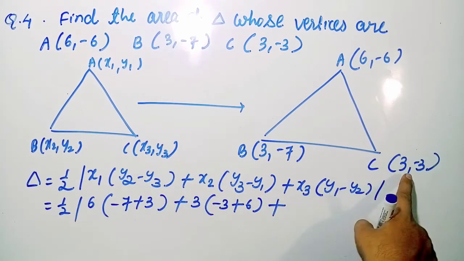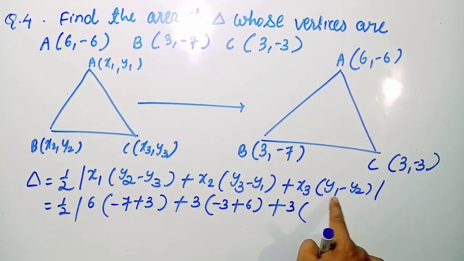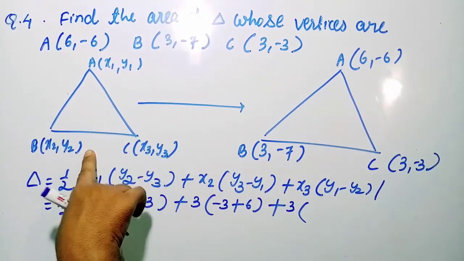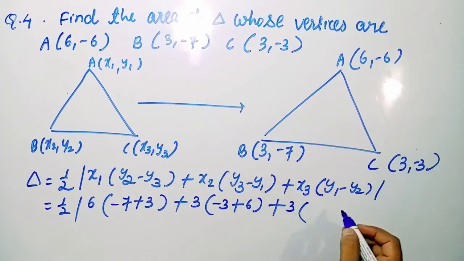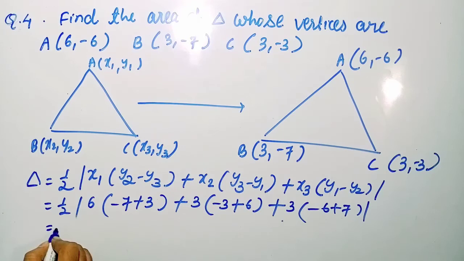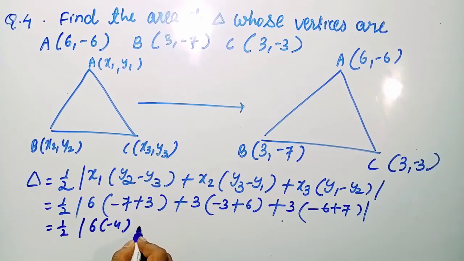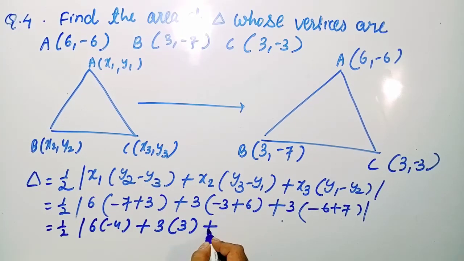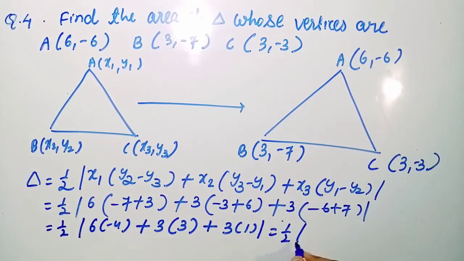The value of x3 is 3. y1 minus y2, y1 is minus 6, minus 7, so minus 6 plus 7 modulus. So 1 by 2, 6 into (minus 7 plus 3), plus 3 into (minus 3 plus 6), plus 3 into (minus 6 plus 7). So 3 into 1, there will be 1. So 1 by 2, minus 24 plus 3 into 3, 9, plus 3 into 1, 3.